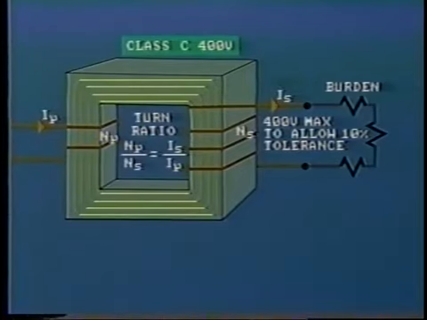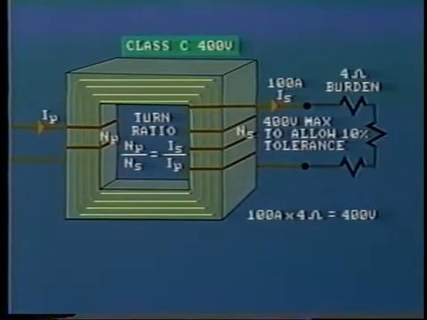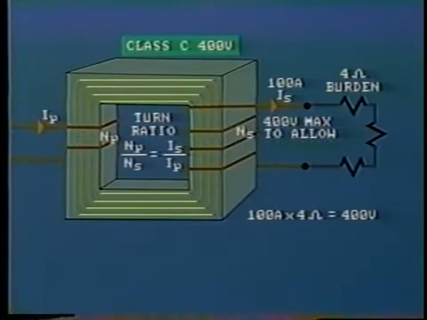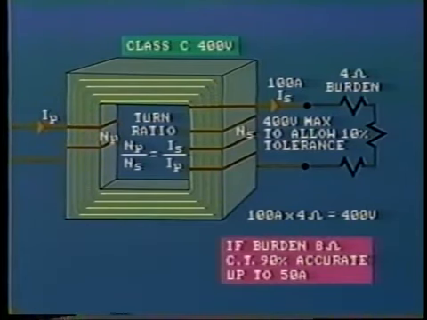So if we wish to pass 100 amps through the relays, that is 20 times rated current of 5 amps, through the secondary CT, we must limit the burden to 4 ohms. 100 amps times 4 ohms equals 400 volts. In this arrangement, the CT will be 90% accurate at least. For the same CT, if the burden is 8 ohms, the CT would only retain 90% accuracy for up to 50 amps, that is 10 times rated.